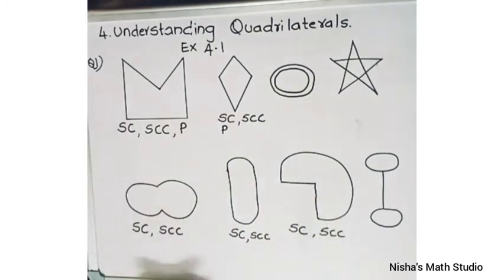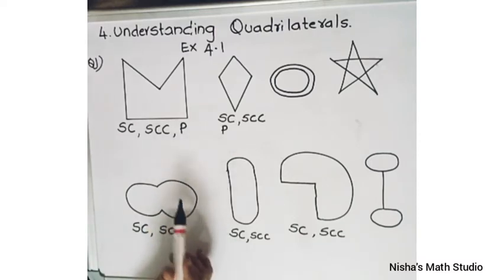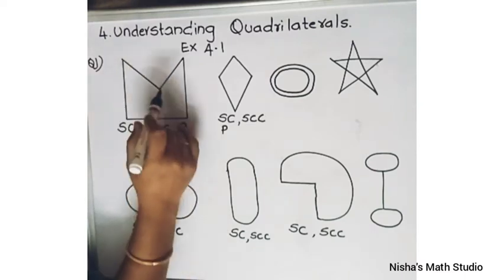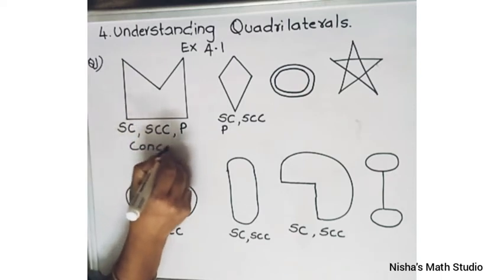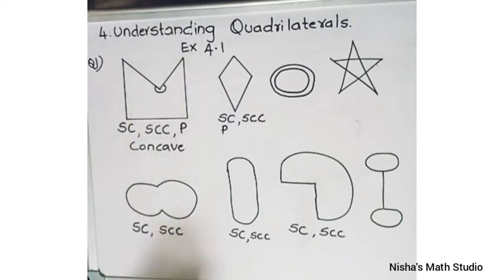Next one is convex polygon. Definition of convex and concave polygon, I have explained in my last video. So this is a concave polygon because at least one of the interior angles should be more than 180 degrees.